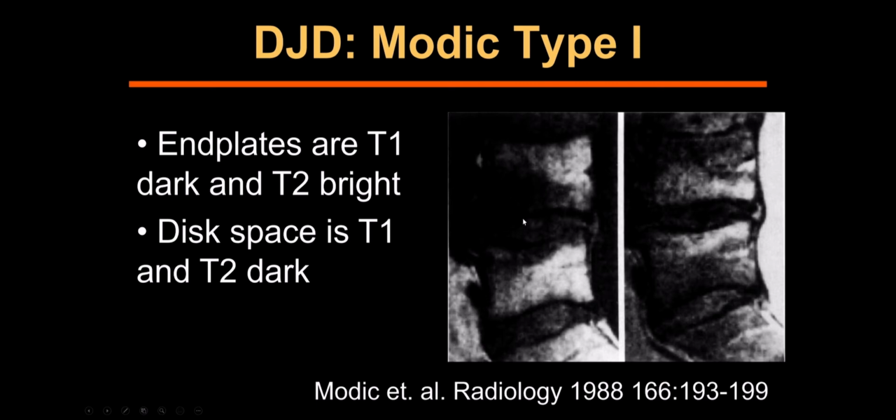But what Dr. Modic pointed out is in these Modic Type I degenerative changes, the end plates are T1 dark, and you can see that here, but then they brighten up on T2. The disc space is dark on T1, dark on T2.